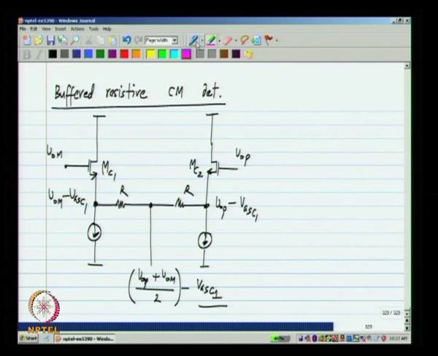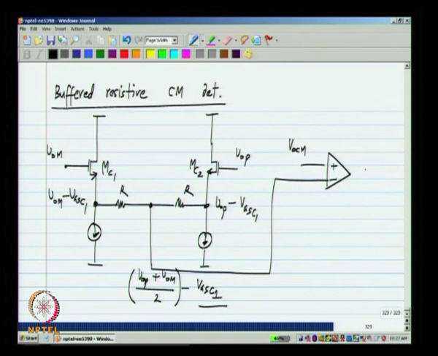Okay. Now, our circuit looks something like this. We had to compare the detected common mode voltage to the desired common mode voltage and feed it back to the current source transistors. Okay. I will simply label this CMFB.